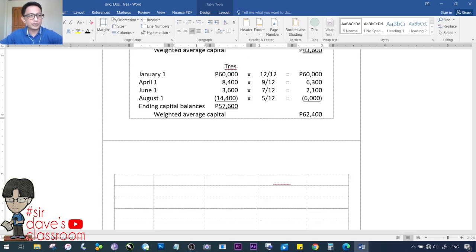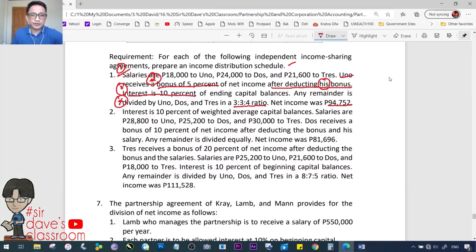Okay? Balik tayo doon sa problem. Let us read it first. For requirement number 2, interest is 10% of the weighted average capital balances. So, may provision dito. Isa. Salaries are 28,800 to Uno, 25,200 to Dos, 30,000 to Tres, dalawa, pangalawang provision.